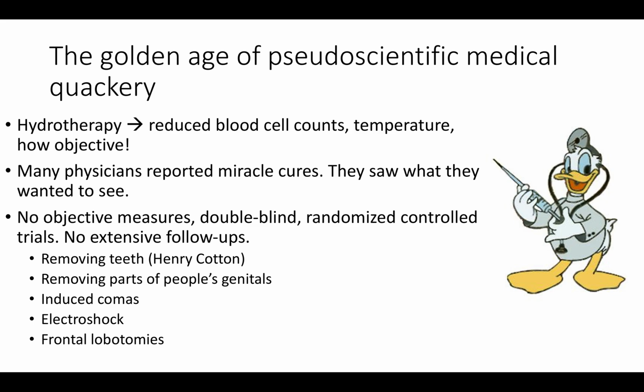And as you'll see, a lot of this stuff had a veneer of biological or medical objectivity. So, for example, hydrotherapy, which might have included spraying people down with cold water or just giving people cold water baths. Doctors would say, look, we took their blood counts, their temperature, and this is indeed causing their temperature to go down and their blood counts to change.